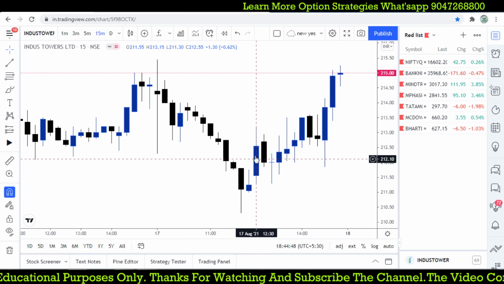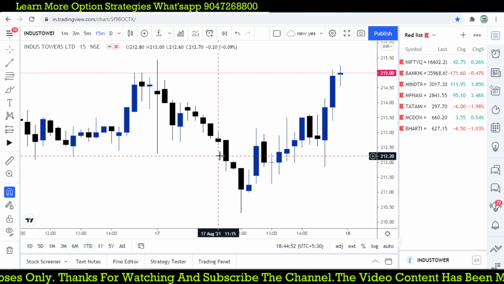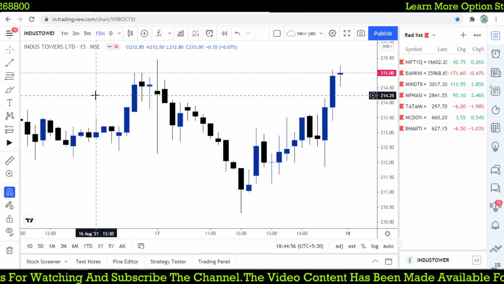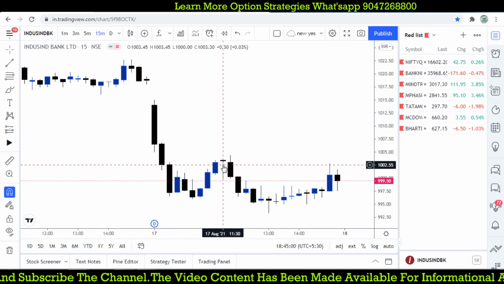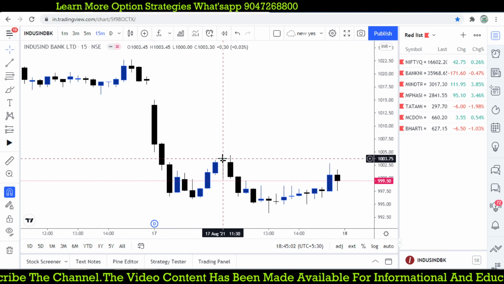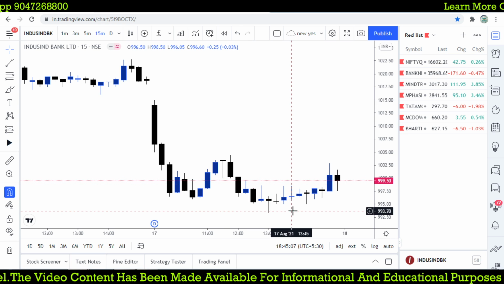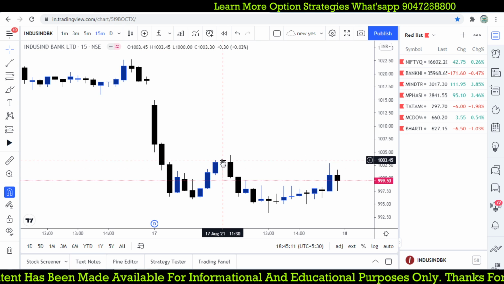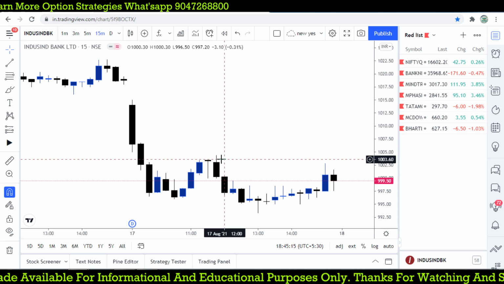So when we check that at 11:30, this bank, this candle. Once the market broke below that candle around 1000, it fell down to 993, just 3 rupees risk for the trade. So this is the candlestick pattern always working on our intraday time frame.